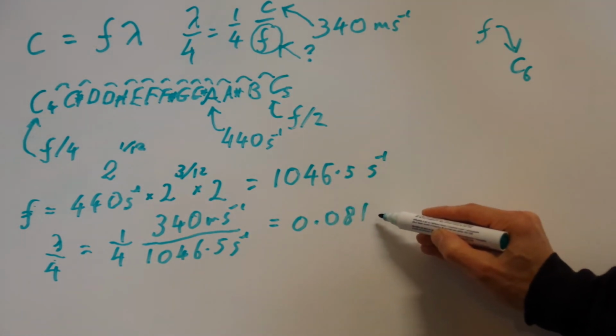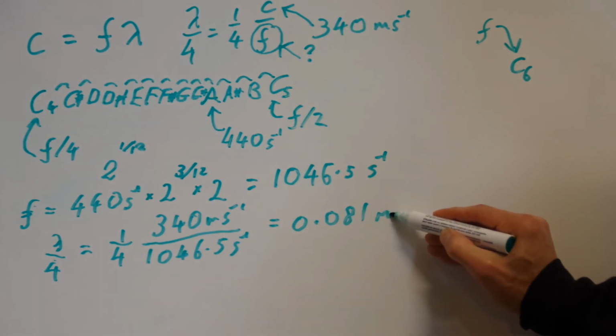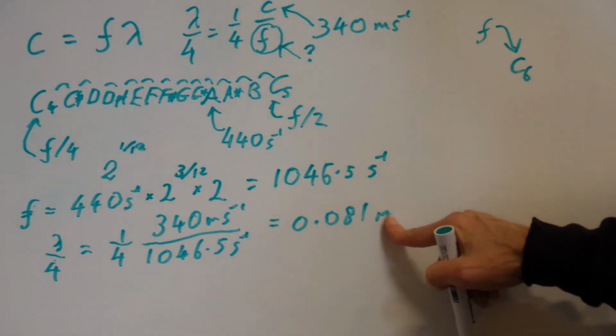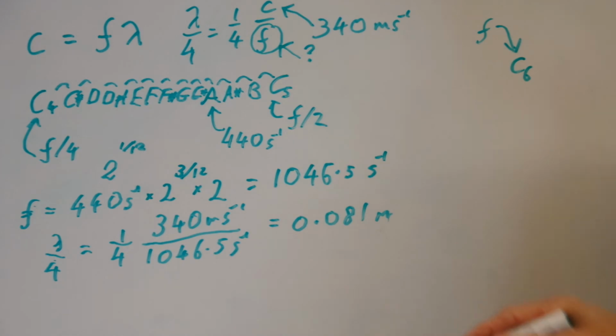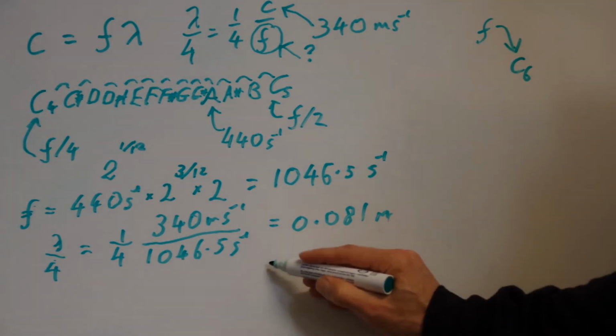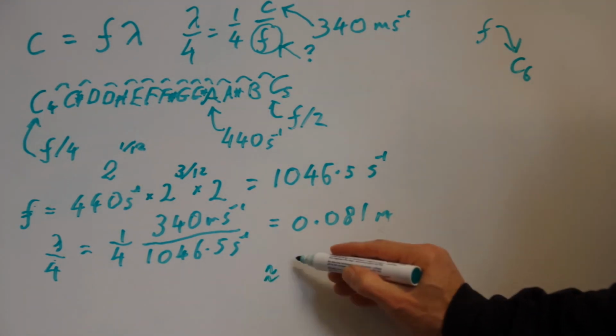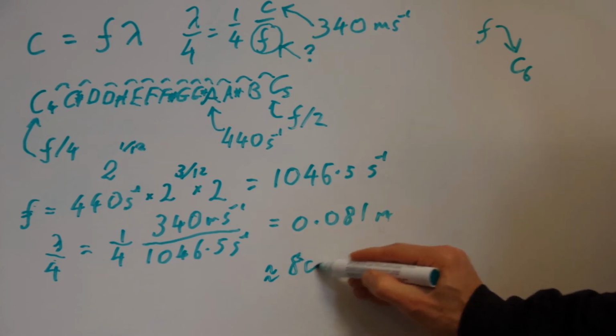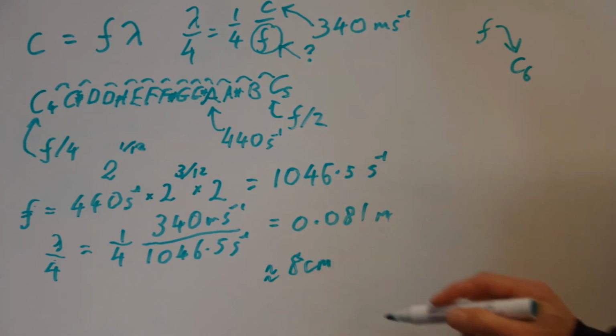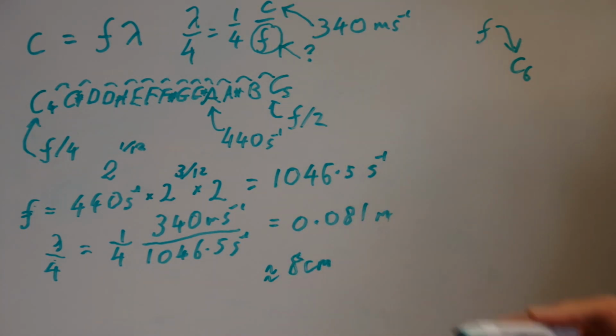So it turns out that our material that we're going to use around the concert hall wall is going to be about 8 centimeters, and that should do the job of absorbing this annoying frequency.